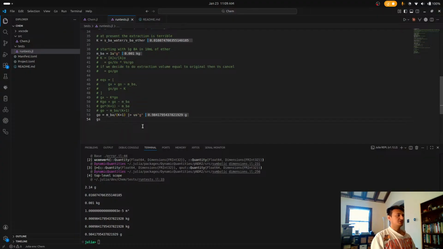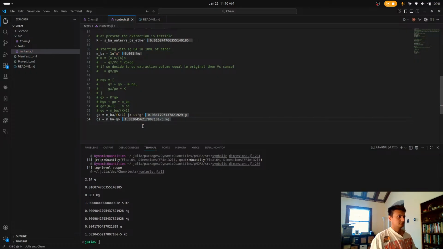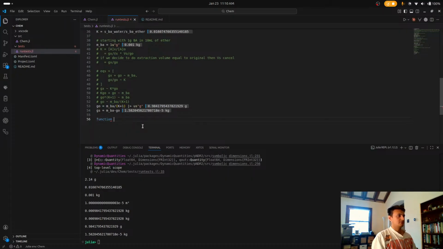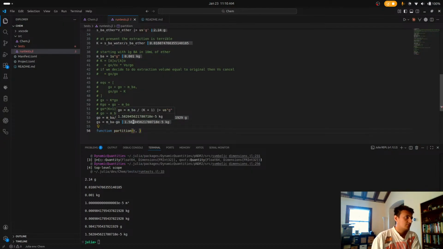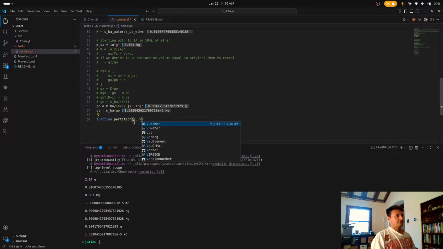And then we can just find GX by... okay, so we need K. We need the volume of the original and the volume of the extract.